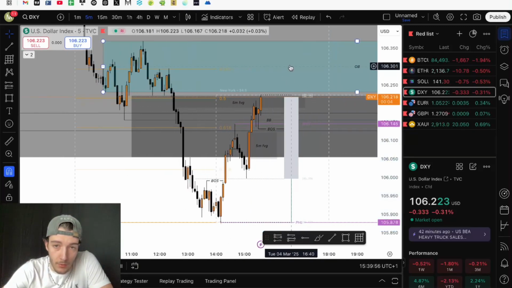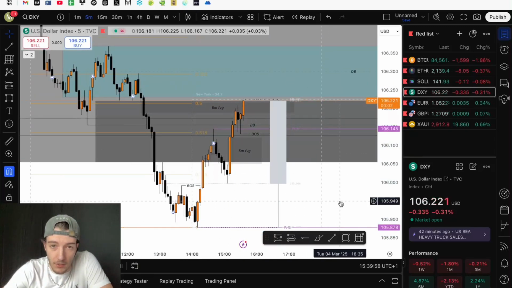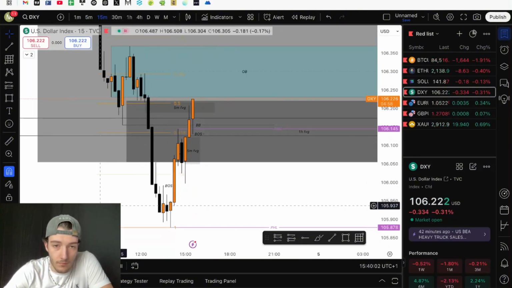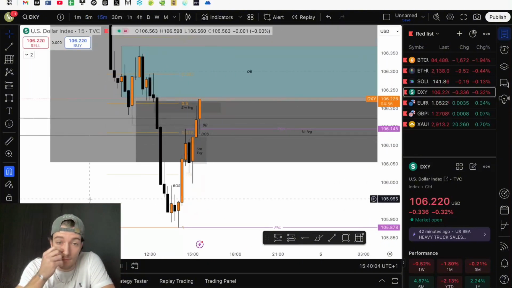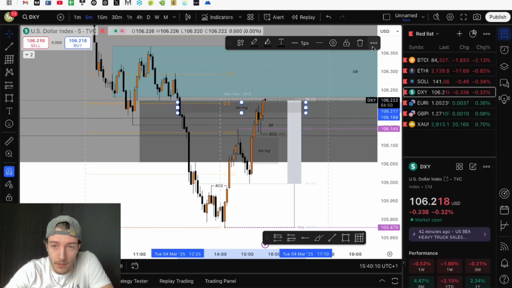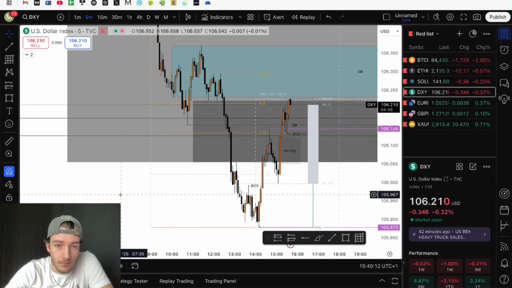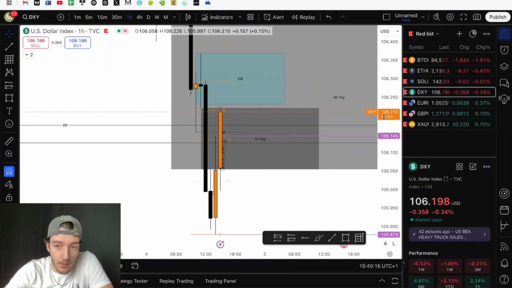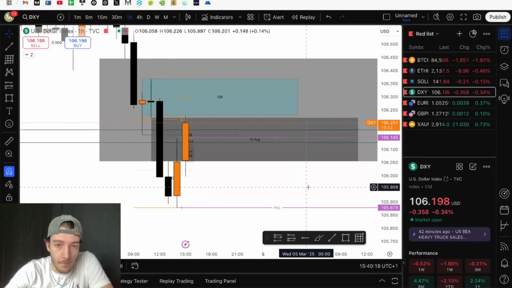This order block really should show some kind of rejection off of it. This 5-minute fair gap here, I'm gonna erase it. We don't need it anymore. Also, this 1 hour fair gap looks like it's gonna get completely filled.